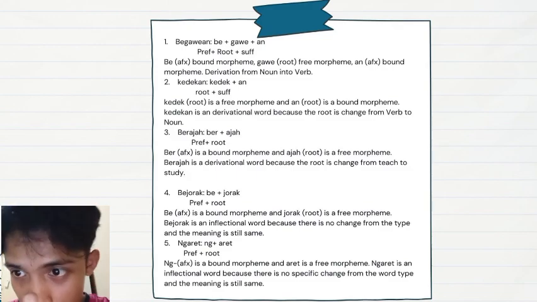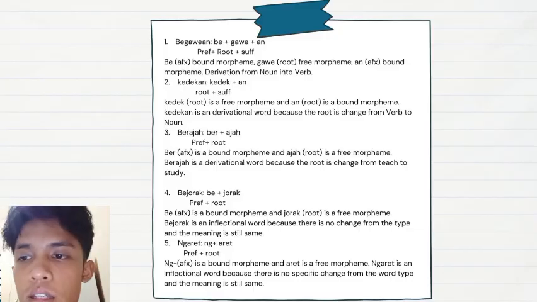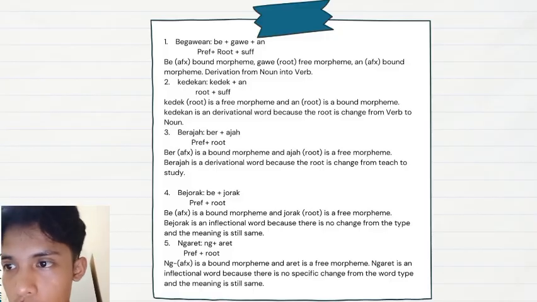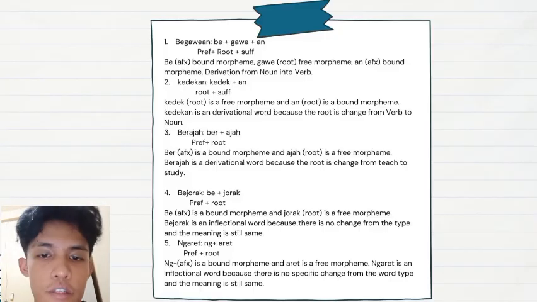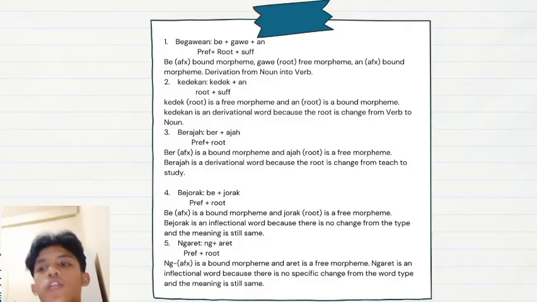The b, as an affix, is a bound morpheme, gawe is a root and free morpheme, and an, as an affix, is a bound morpheme. This word is derivation because it changed from a noun into a verb.